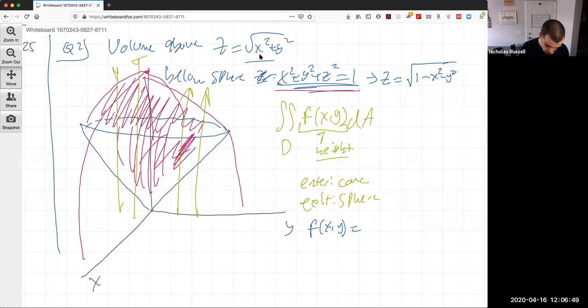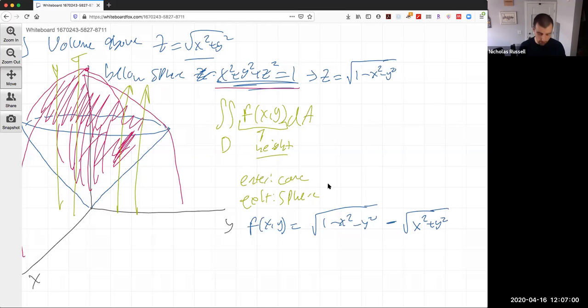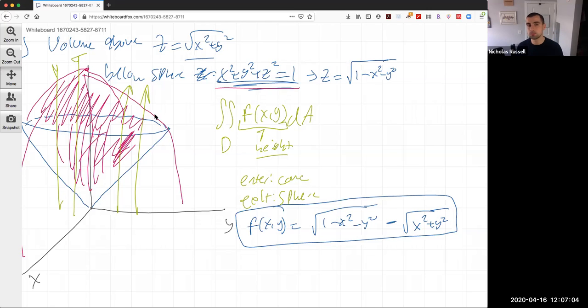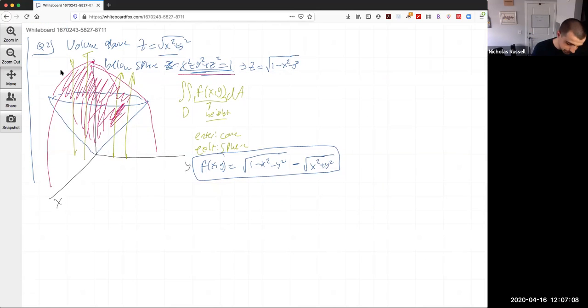So something like the square root of 1 minus x squared minus y squared, minus the square root of x squared plus y squared. And this right here is my height.